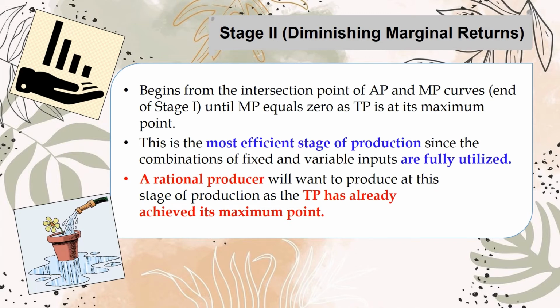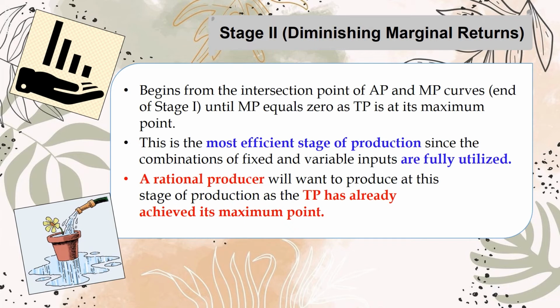Stage 2, diminishing marginal returns. In stage 2, it begins after MP intersects with AP at its maximum until MP curve equals to 0. The value of AP and MP will decrease but still remain positive. TP increases but at a decreasing rate until it reaches its maximum.